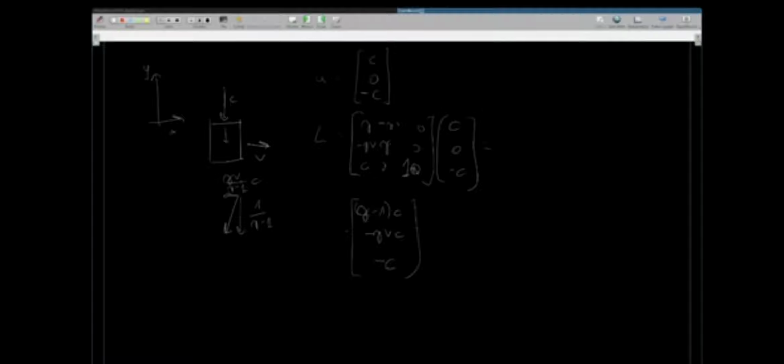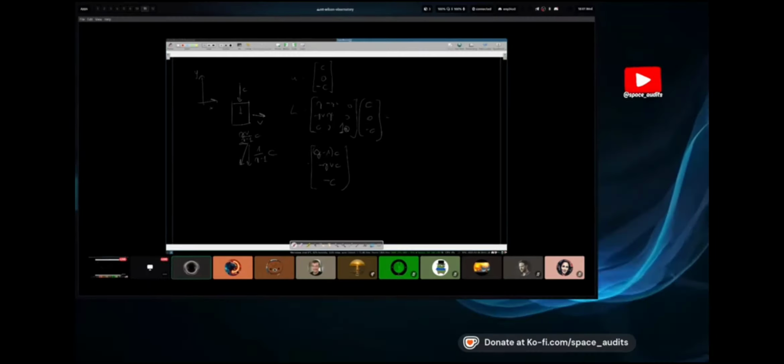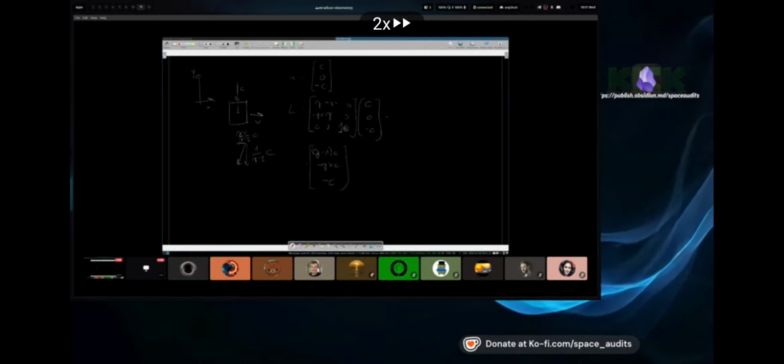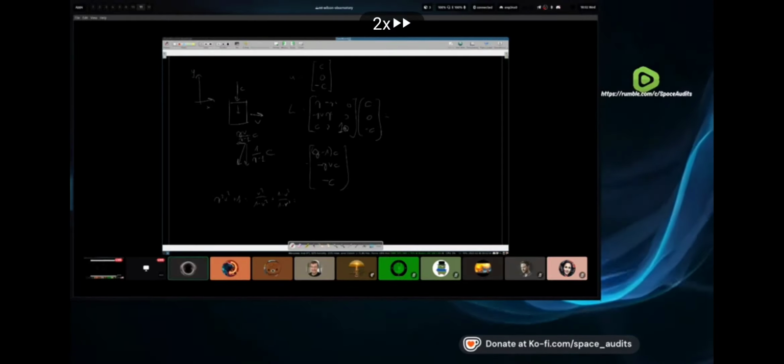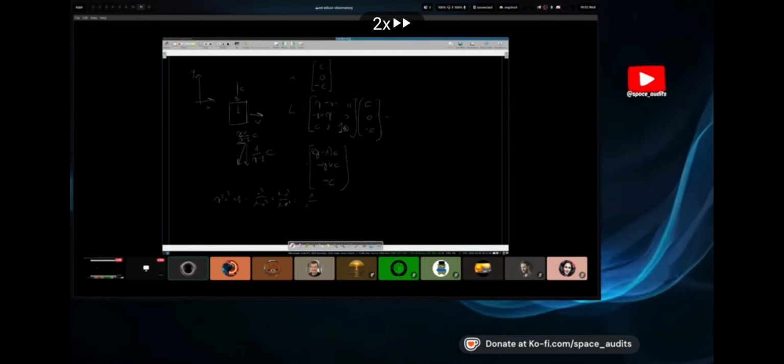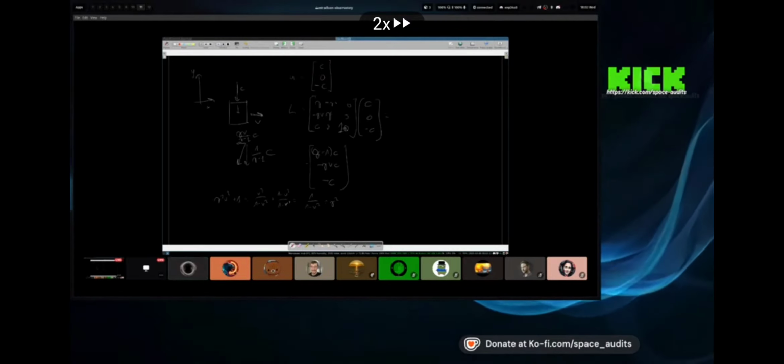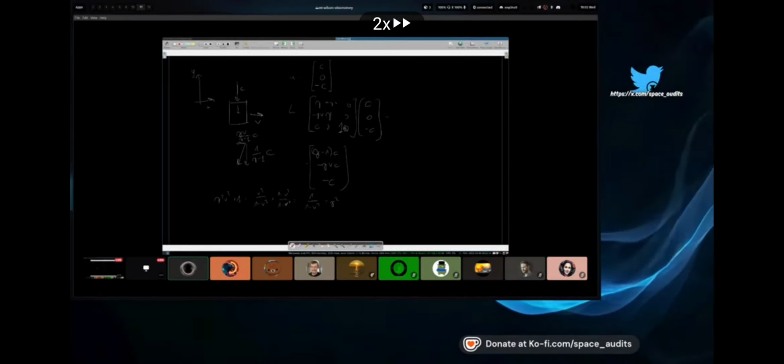Let me figure this out. Gamma squared v squared plus 1. That's v squared over 1 minus v squared plus 1 minus v squared. So, sanity check. V squared plus 1 equals. Huh. Okay, I might have made a mistake. Oh, okay, yeah, I'm an idiot. This is not gamma minus 1, this is gamma.